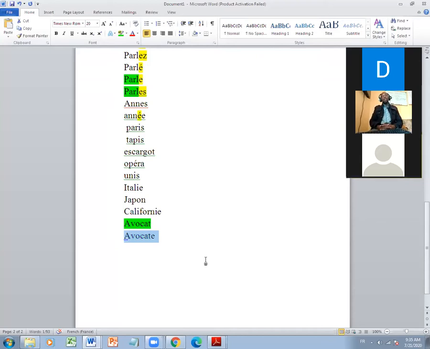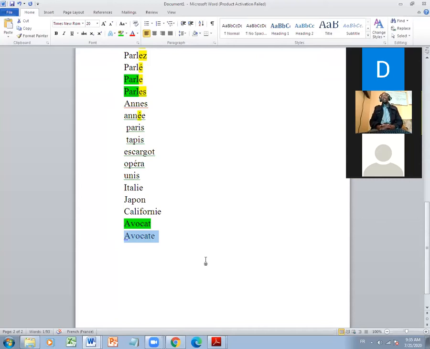Avocado. You see, the first one, there's no vowel after letter T, so T is silent. The second one, there's a vowel, so we say avocado, but the first one is avocado.